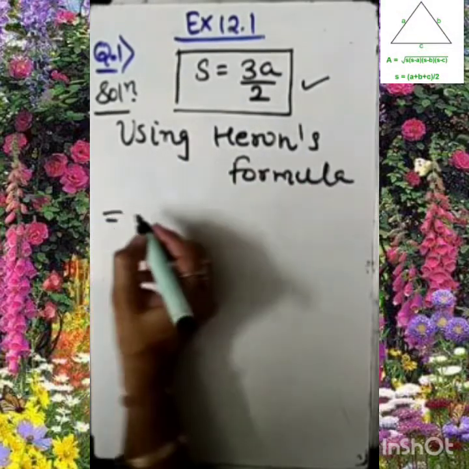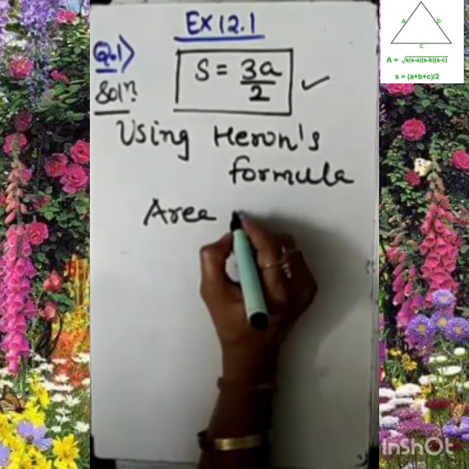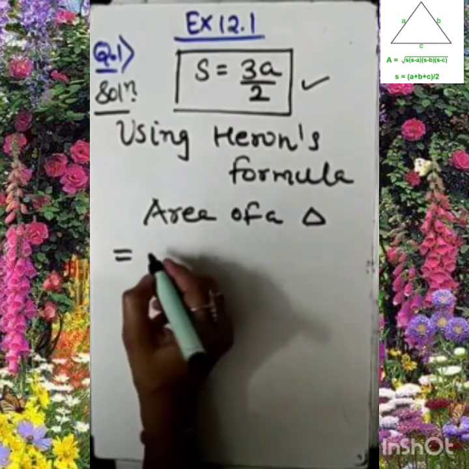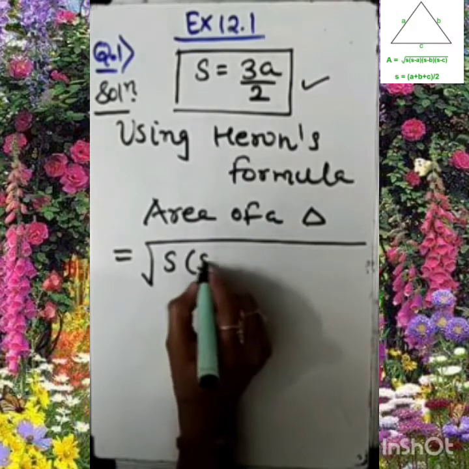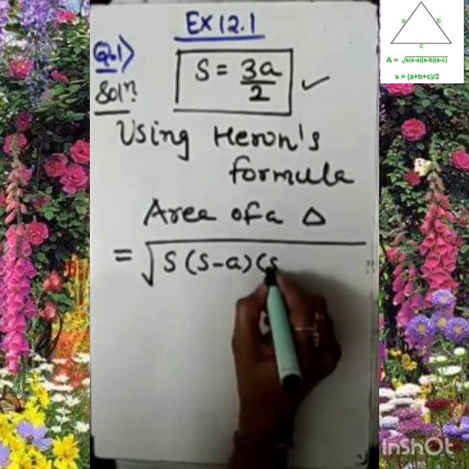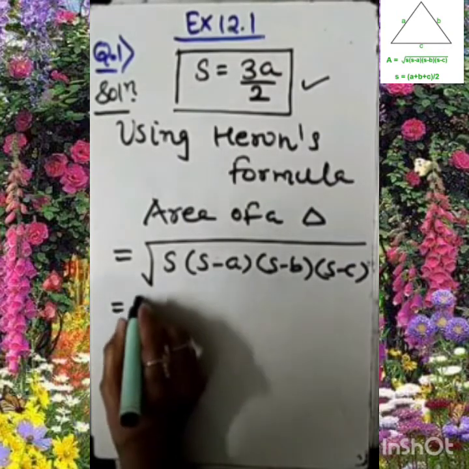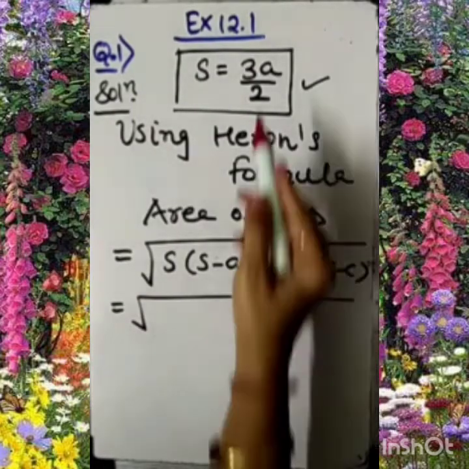So what is the formula? Using Heron's formula, area of a triangle equals the square root of S times S minus a times S minus b times S minus c. In the square root, I need to put the value of S. We already got 3a by 2.